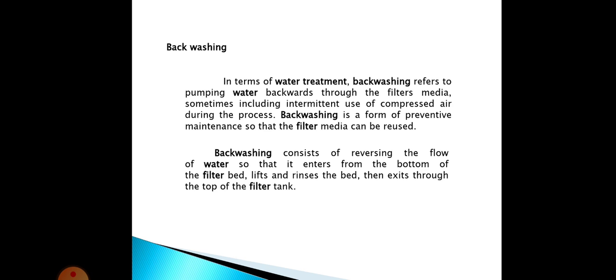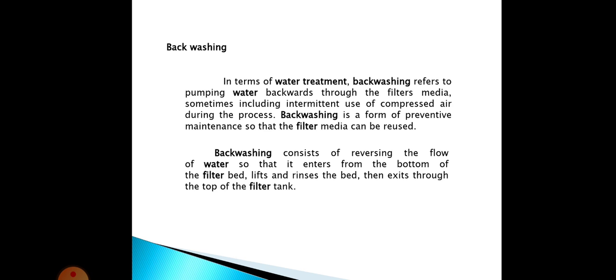In this case, there will be a reverse flow of water from the bottom to the top, so that the filter media can be washed. This process we call backwashing. It consists of reversing the flow of water so that it enters from the bottom of the filter bed. It will lift and rinse the filter bed and then exit through the top of the filter tank.